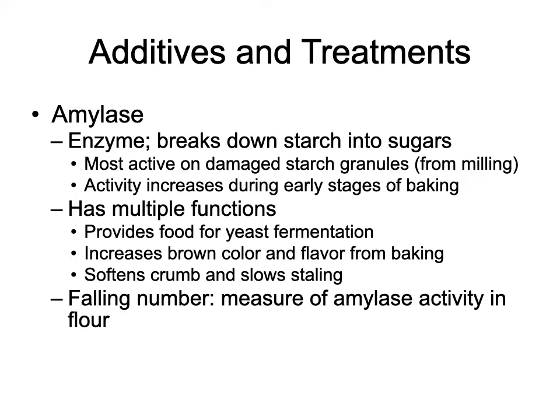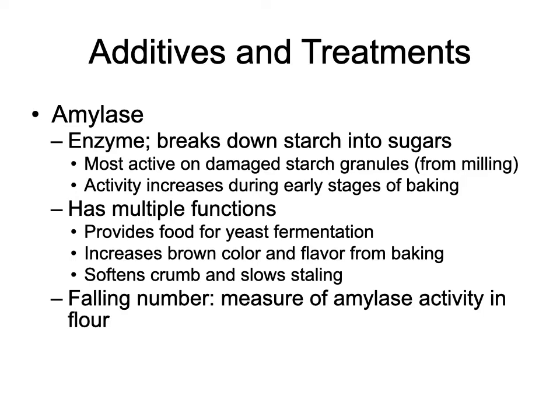And it's very important for product consistency, especially when you're in a factory where they're baking 50,000, maybe 100,000 loaves a day. For our average baker, small scale bakers, they usually don't worry too much about the amylase activity, except in how it affects fermentation and affects the browning.